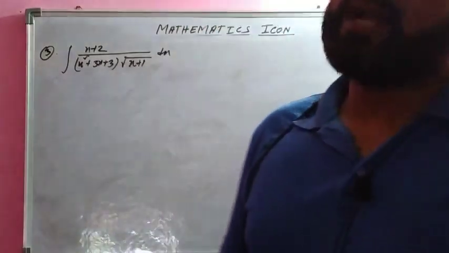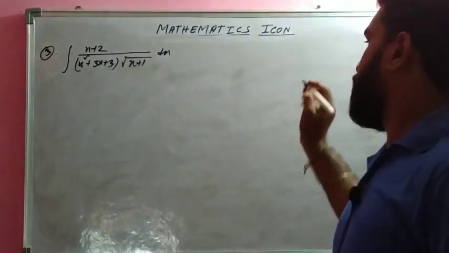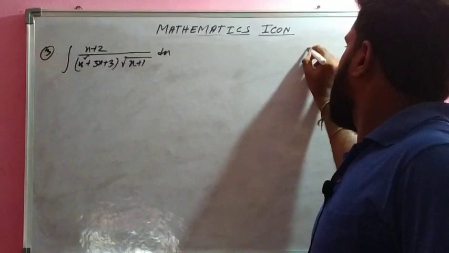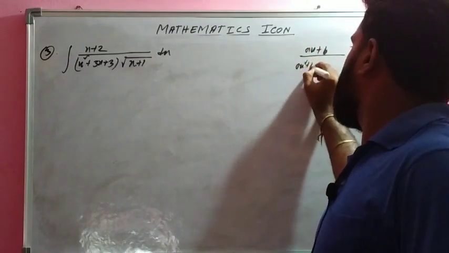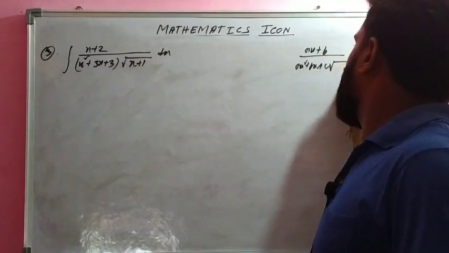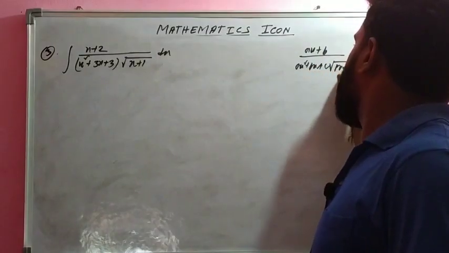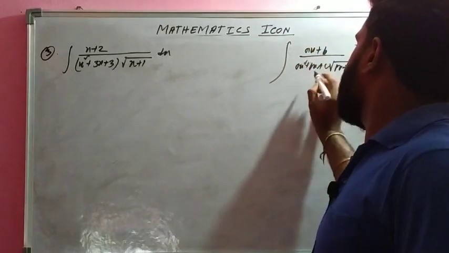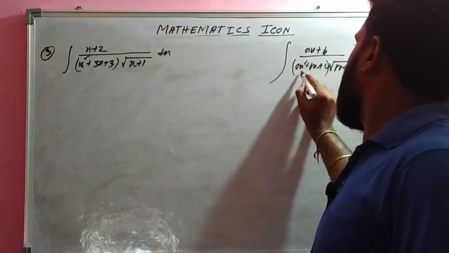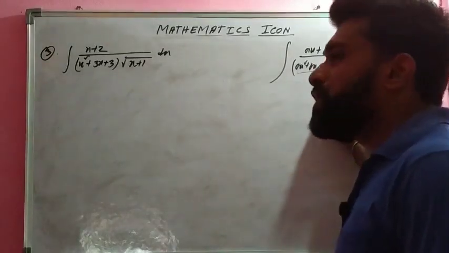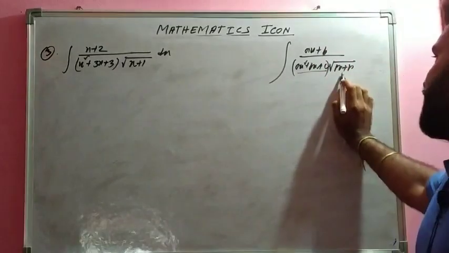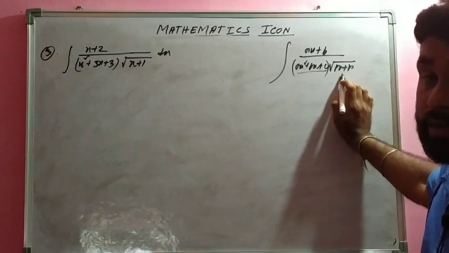What type of structure? Just remember this thing. If you have ax plus b by (ax square plus bx plus c) then root (px plus r), just like that. That means in the denominator part, one term will be the quadratic formation and the other term, which is in the root, will be the linear form.